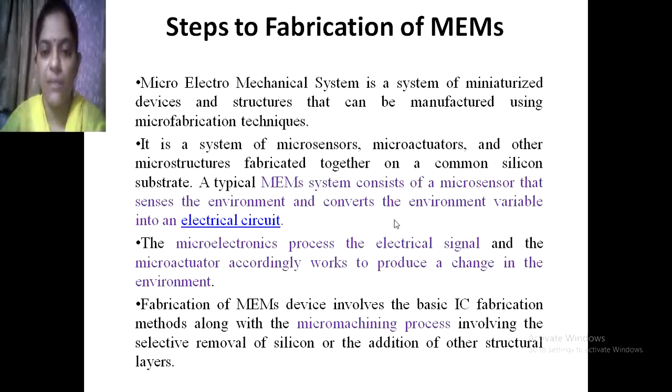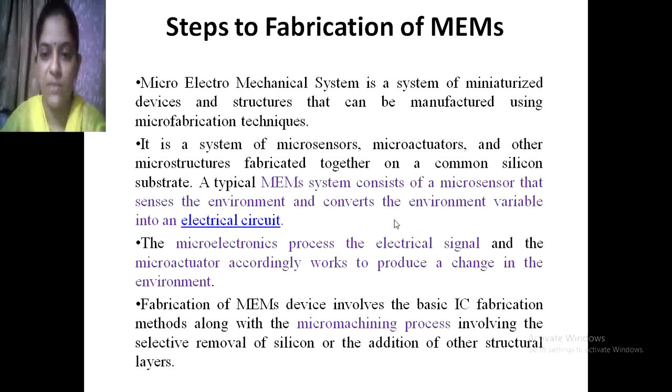Microsensors, microactuators and other microstructures fabricated together on a single silicon substrate is known as the MEMS device.